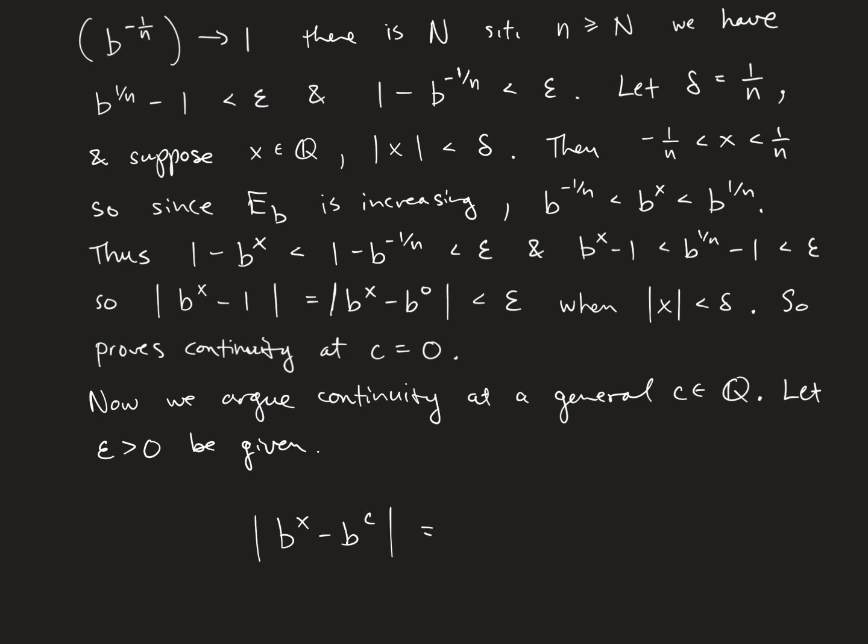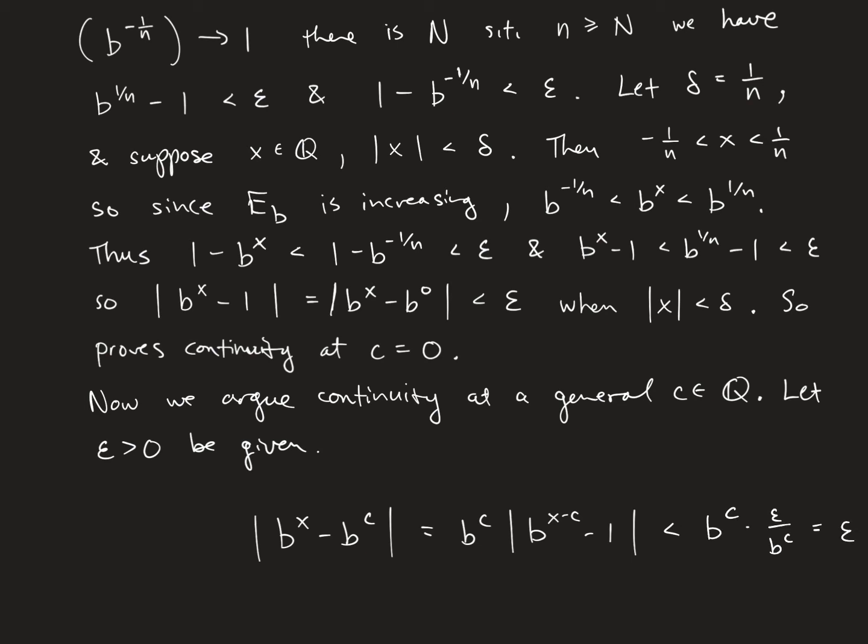We have to control this. This is just b to the c times absolute value b to the x minus c minus 1. And by the continuity of this exponential function at 0, as long as x minus c is sufficiently small, we can make this quantity here as small as we like. In particular, we can make it less than epsilon over b to the c. All right, so that'll give us our epsilon here.